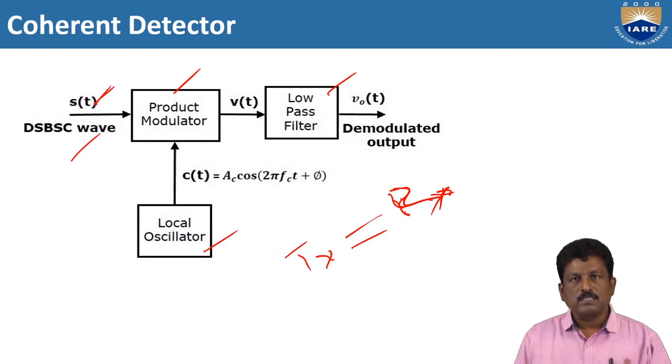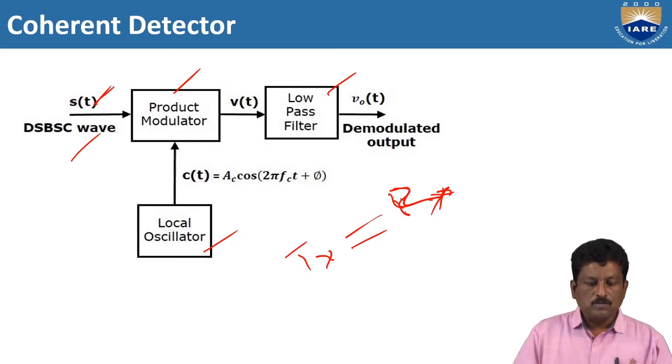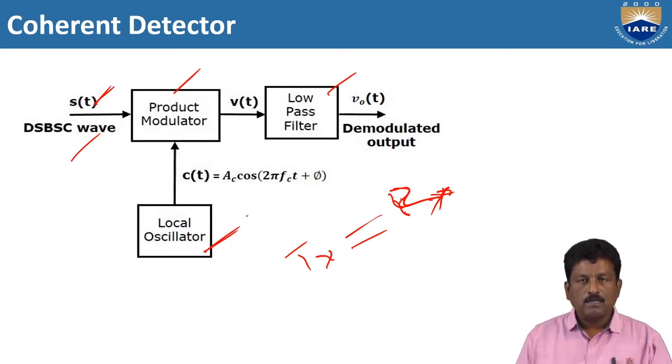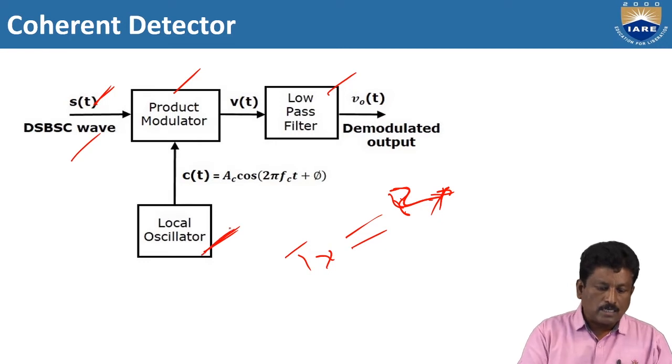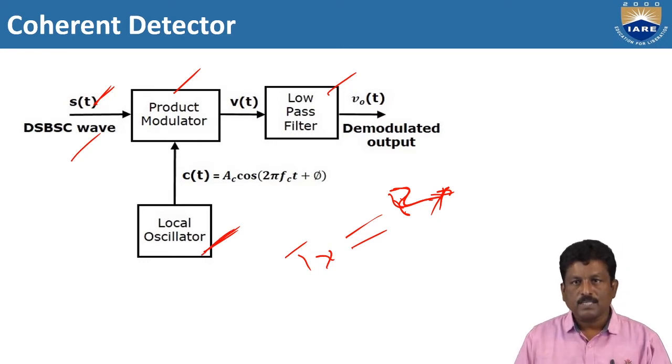While transmitting we suppress the carrier and transmit only the two sidebands, so you have to arrange a local oscillator at the receiver side. The purpose of the local oscillator is to generate a carrier signal with the same frequency and phase as the carrier signal used at the transmit side.